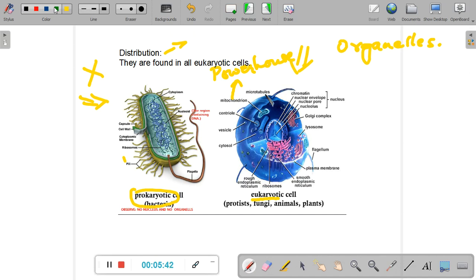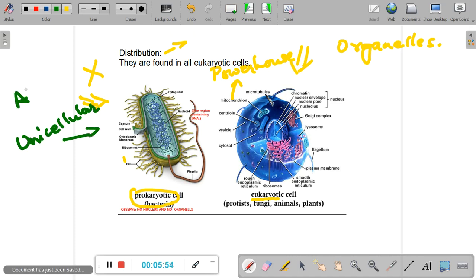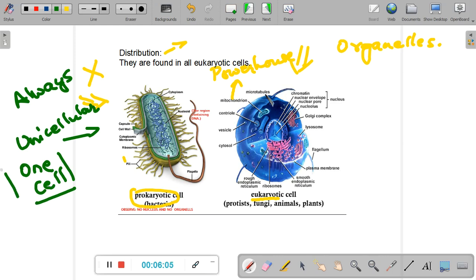Another difference that you must remember between a prokaryotic cell and an eukaryotic cell is prokaryotes are always unicellular. They are always unicellular, which means that prokaryotes are always made up of only one cell. Their body is made up of only one cell. So prokaryotes are unicellular.